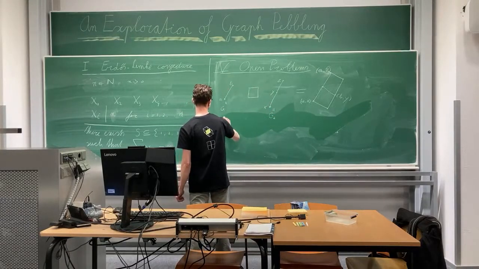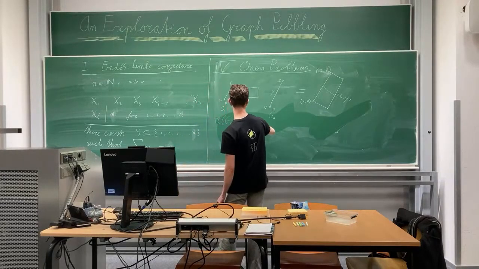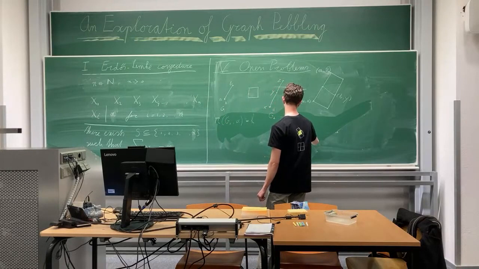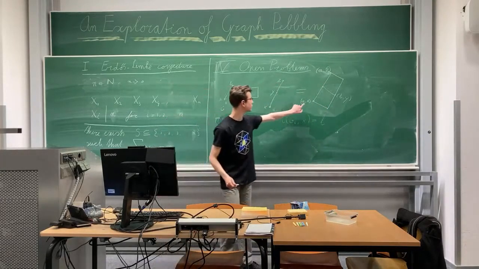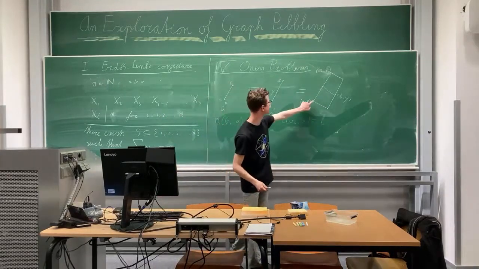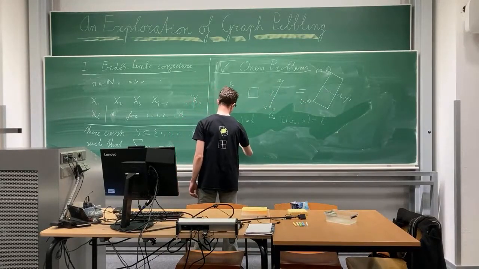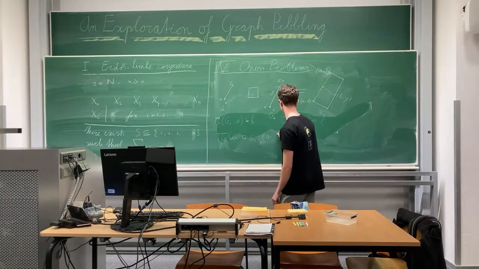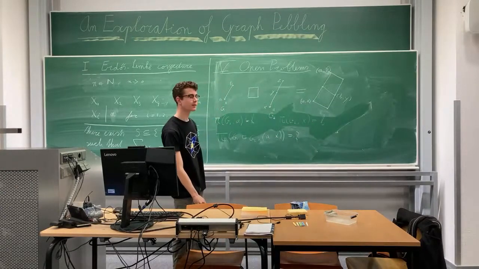Suppose that the Pebbling number in G1 of A is some known value K, and the Pebbling number in G2 of X is also known, say L. What can we say about the Pebbling number of the pair of those vertices, so A and X, in the multiplication of those 2 graphs? So G1 times G2.